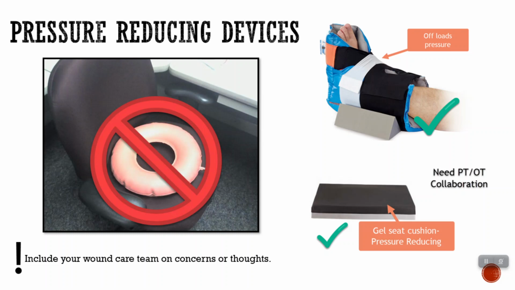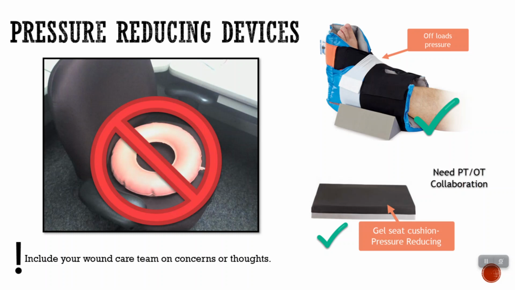So please, if you are considering a donut, please know that these are not advised. This is not part of the evidence currently, and include your wound care team on any concerns or thoughts or ideas on how to reduce pressure. Now, some options: offloading pressure. You have your boots. You also have your gel seat cushions. These are really good in reducing pressure.